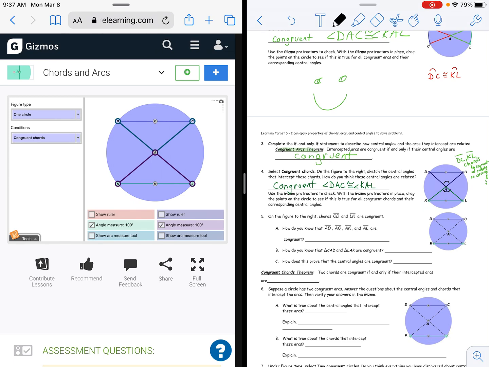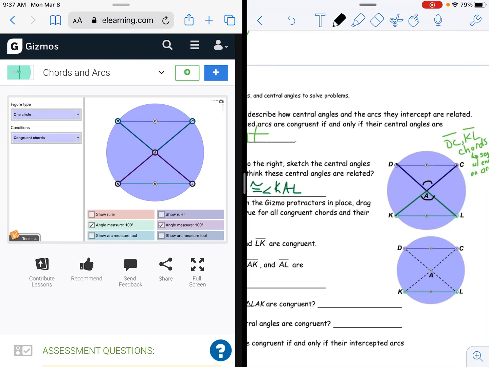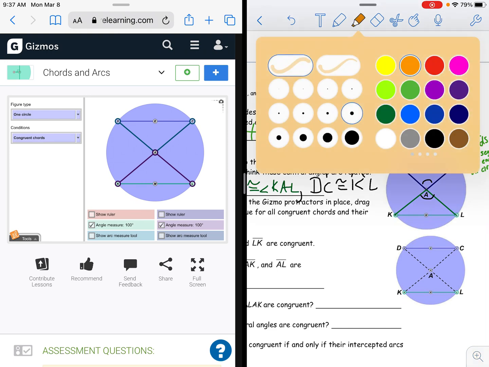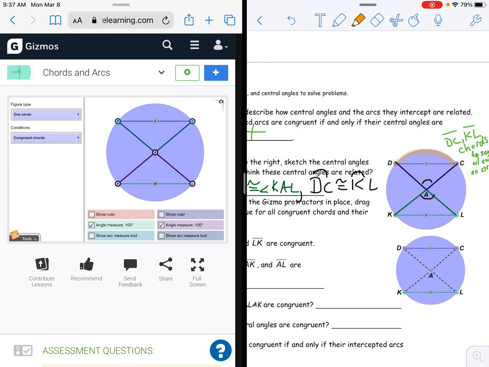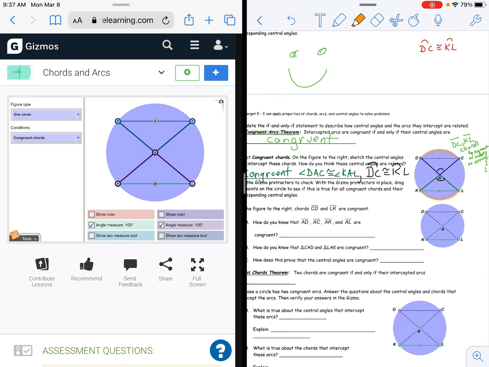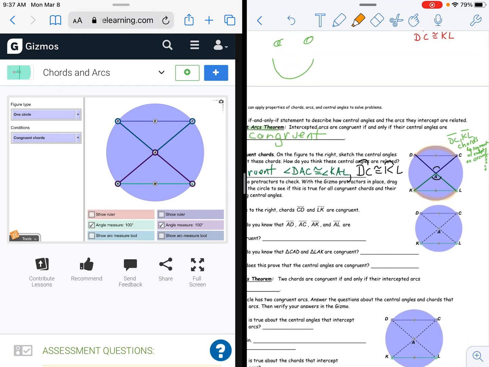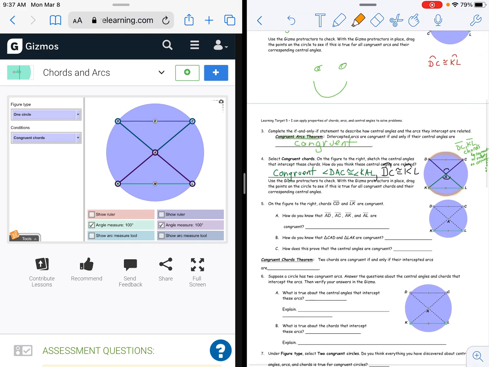If chords are congruent, their central angles are congruent, and then we can even write, like a side effect, arc DC will be congruent to arc KL, because then we're just using the other theorem. So like that arc and that arc. So chords, arcs, central angles, all congruent. You might say, well, duh, that's obvious, but sometimes we're just emphasizing things visually, seeing it move in the gizmos. This is what I really like about this.